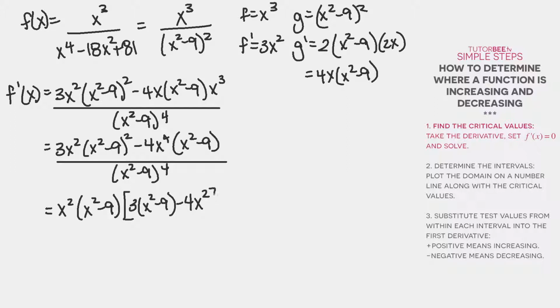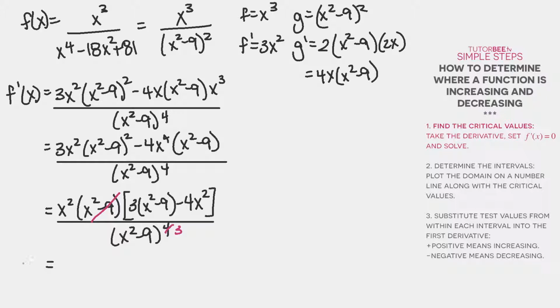All of that is over (x squared minus 9) to the exponent 4. You can see that we can cancel out an (x squared minus 9), leaving us with (x squared minus 9) cubed on the bottom.